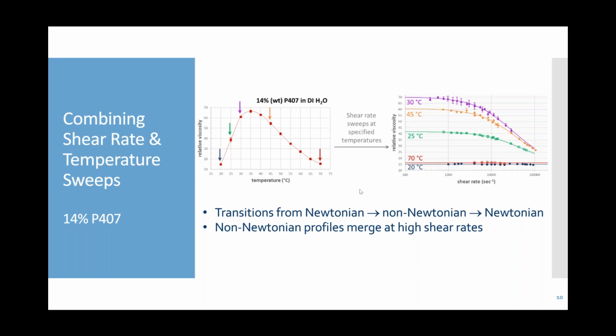Before I move on to how we're going to look at some of the higher concentrated samples and identify what part of the phase diagram we're in, I just wanted to comment. If you think back to a couple of slides ago, when I was laying out how these form micelle structures, we can understand how this behavior comes from changes in those micelle structures as a function of temperature, and also from the nature of the polymers that are part of the Poloxamer.